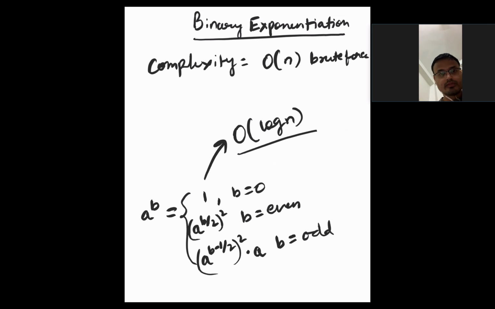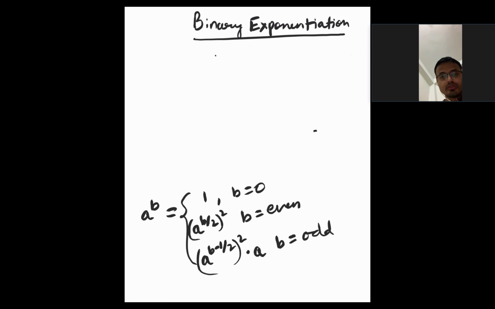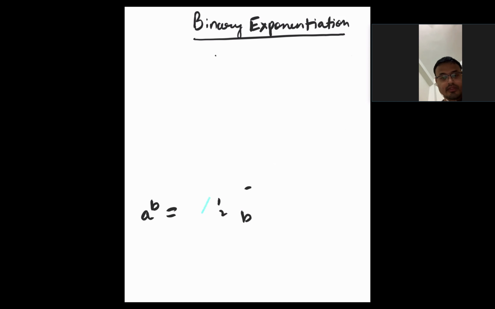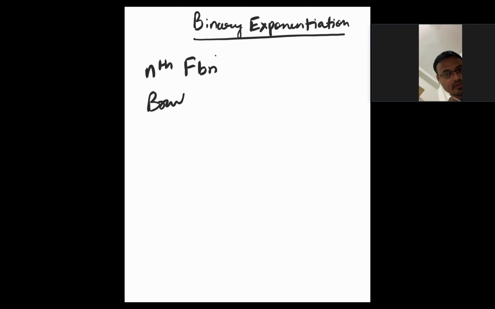So we know Fibonacci, right? We can use binary exponentiation in finding the nth Fibonacci number. Usually if you go by the brute force approach, then the time complexity will be order of n.